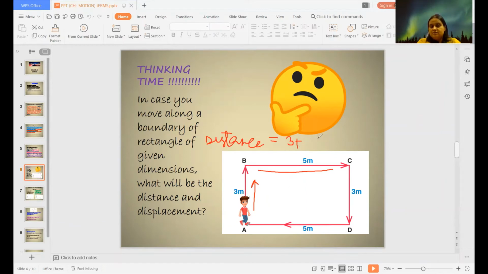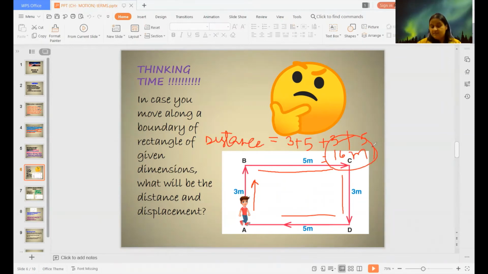Then from B to C, it's 5. Then C to D, that is again 3. And D to A, this is 5. So when you do the sum of these four numbers, that will give you 16 meter. This is your distance.